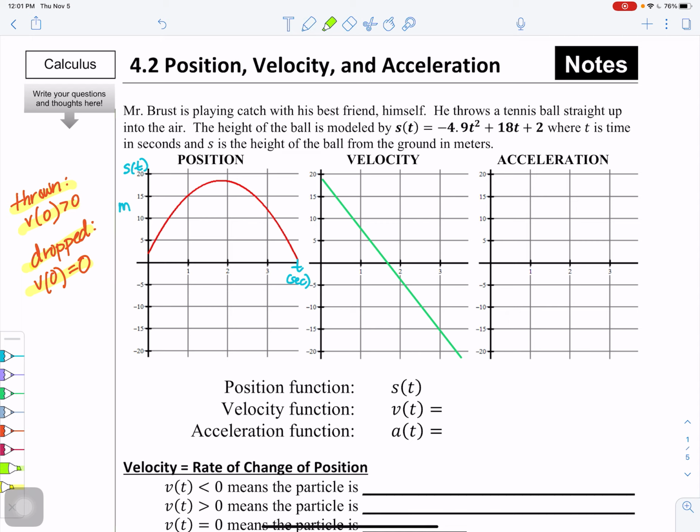So our ball is thrown. The height is positive, but it is slowing down. As it goes higher and higher, the velocity gets closer and closer to 0, and then it's 0. And it looks like it's 0 at about 1.8 seconds, okay? So right here at 1.8 seconds, the velocity is 0.